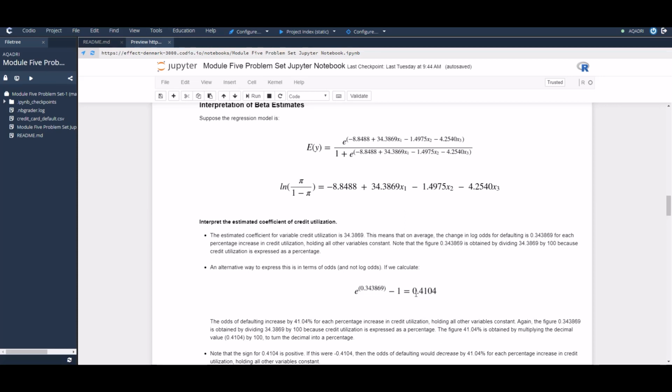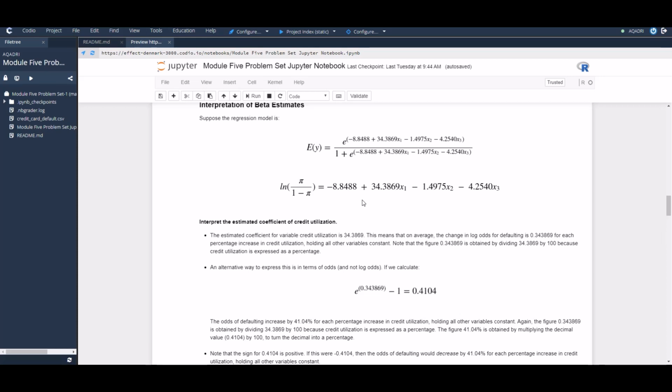If this was a negative 0.4104, then the odds of defaulting would decrease by 41.04% for each percentage increase in credit utilization. So it's pretty simple, and I think the only challenging part of this interpretation is the fact that this x1 predictor is expressed in terms of percentage.